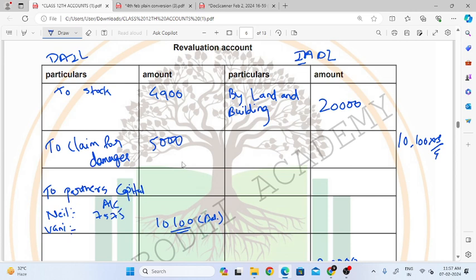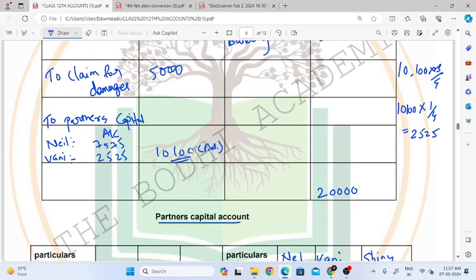Again you have to do it for Vani: 10,100 multiplied by 1 divided by 4 gives you 2,525. The total of both the sides should come to 20,000. This is how you solve the revaluation account.